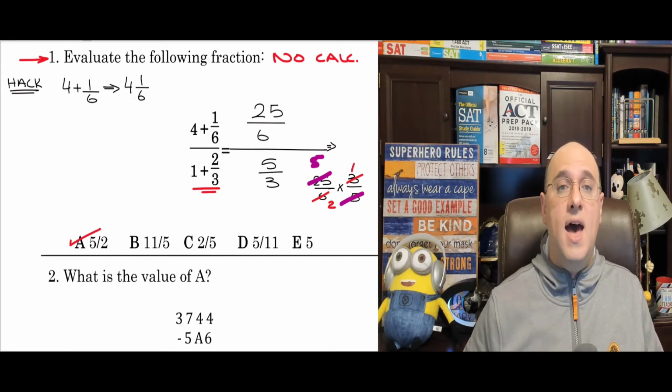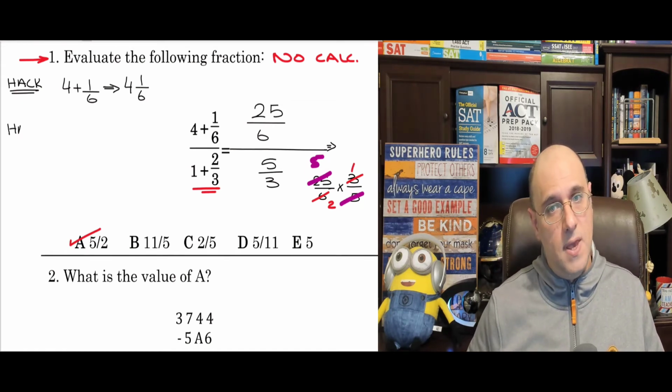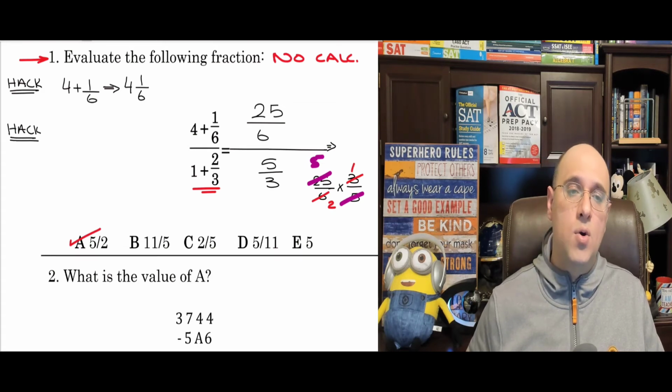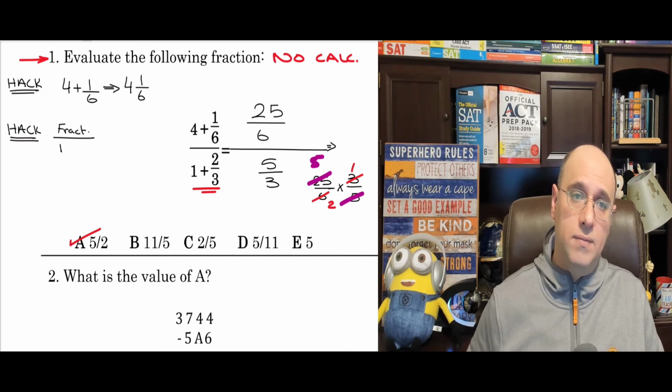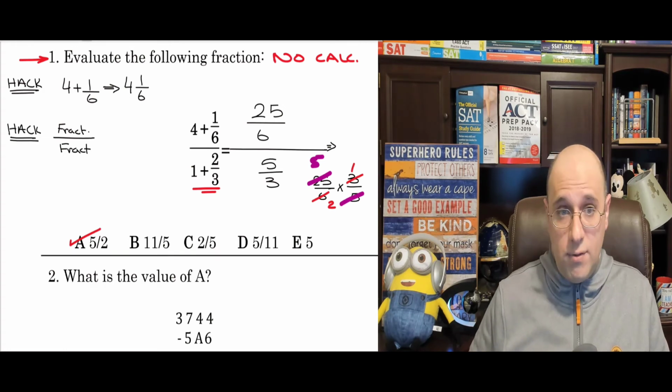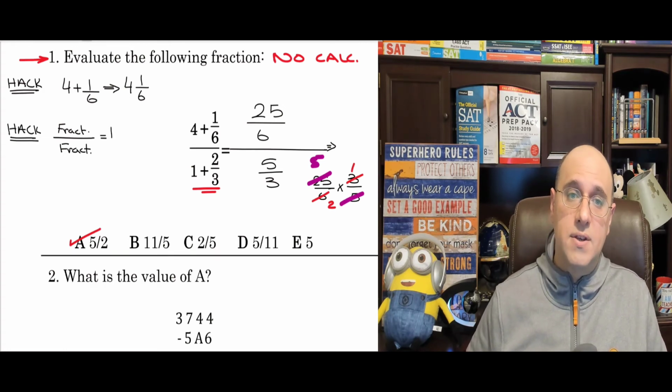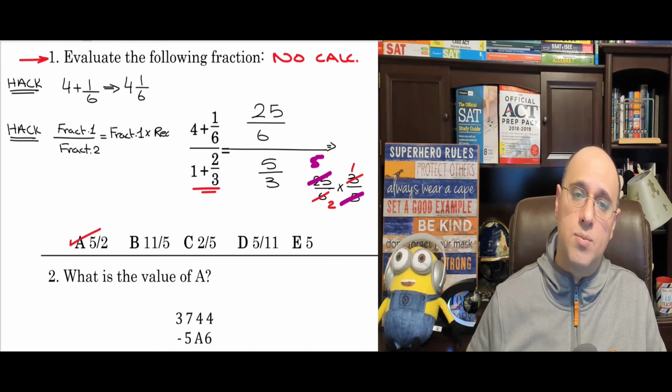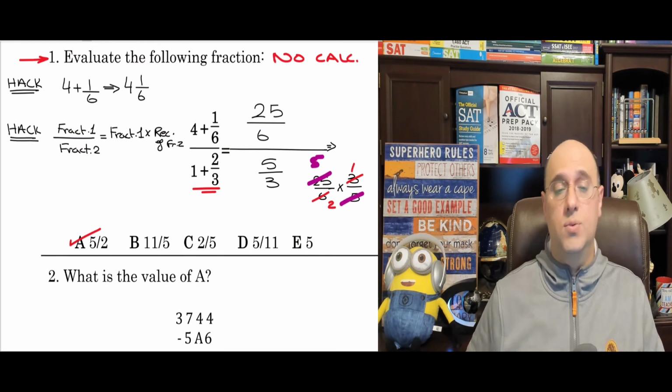Okay? Hack number 2 is, remember, when we have a fraction over, divided, because over means divided, over another fraction, this simply means fraction number 1, so let's call this 1, let's call this 2. So fraction number 1 times the reciprocal of fraction 2.